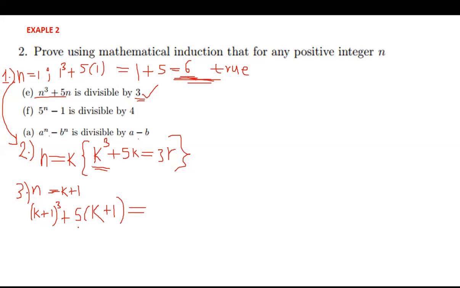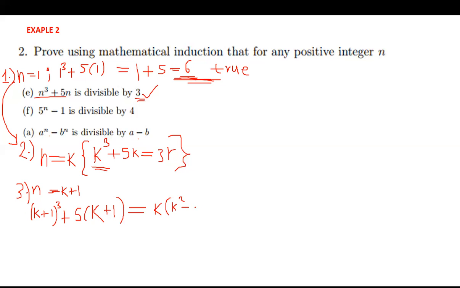What do I mean? Let us simplify this side. So when we simplify, we're going to have k multiplying by k squared. I'm just trying to simplify this. You can use any method to expand that.